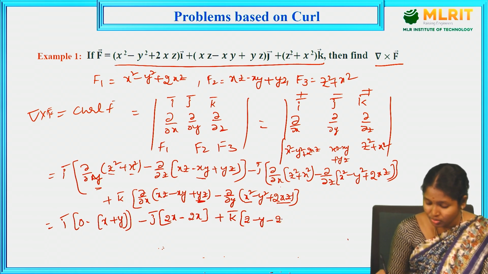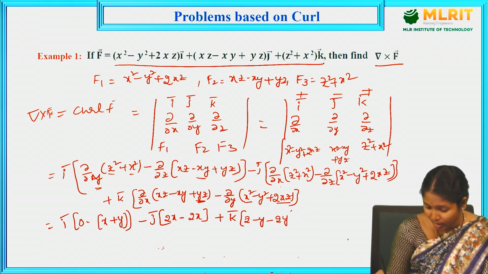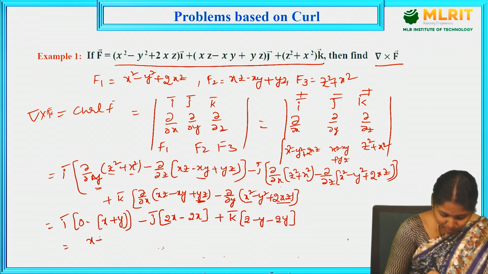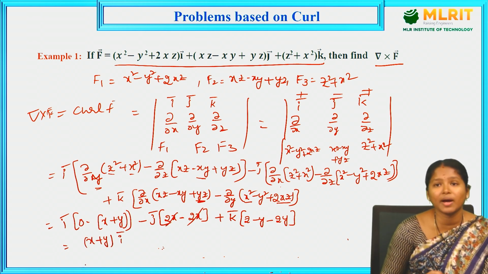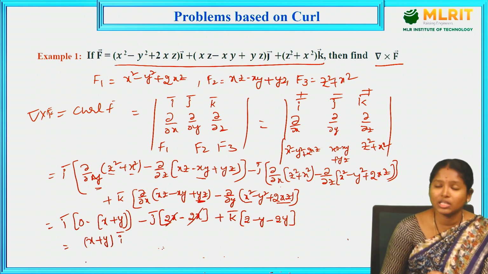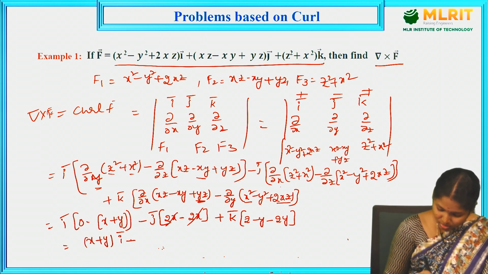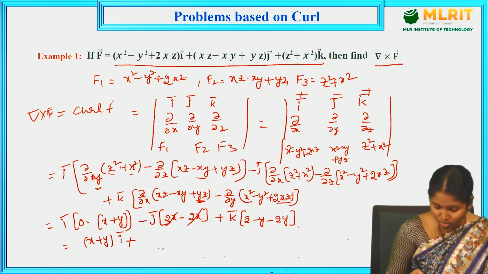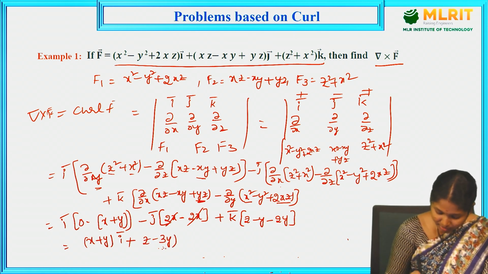So minus y square derivative is 2y. So we will get x plus y into i bar, 2x is plus 2x minus 2x will be cancelled. So 0 j bar. So here z minus y minus 2y, so z minus 3y into k bar.